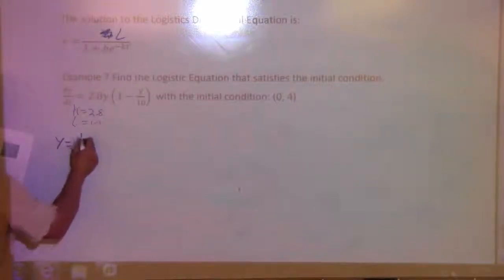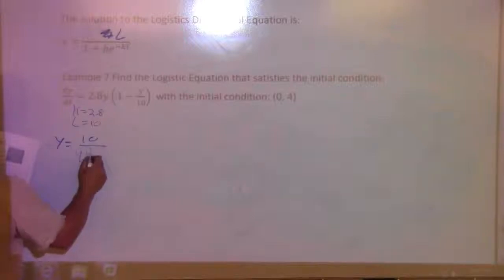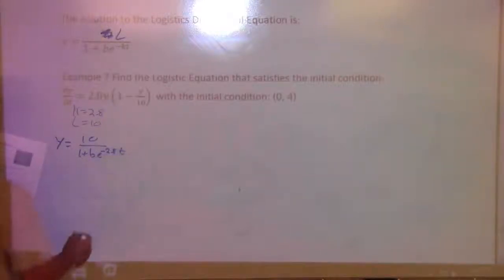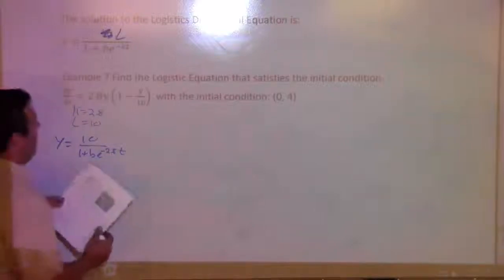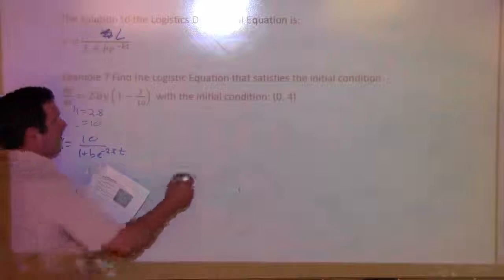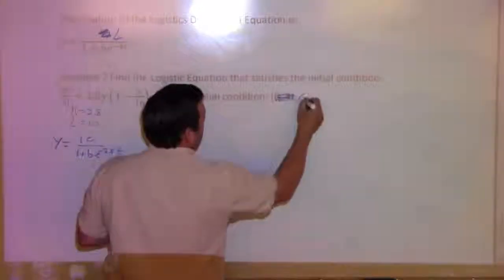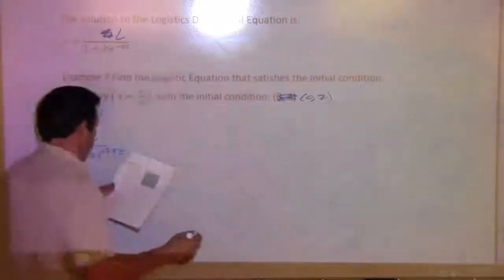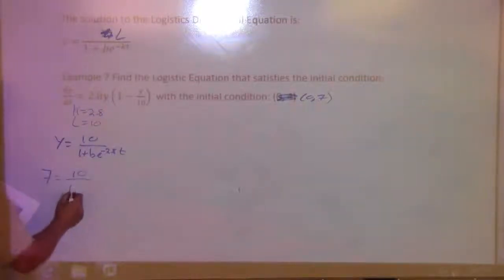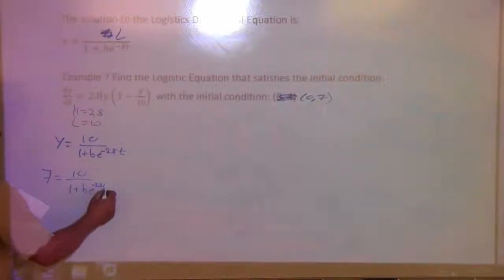So y equals 10 over 1 plus b e to the negative 2.8t. Now we're told the initial condition is 0, 0.7. So 0.7 equals 10 over 1 plus b e to the negative 2.8 times 0.